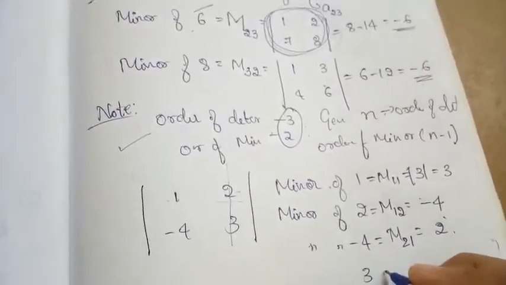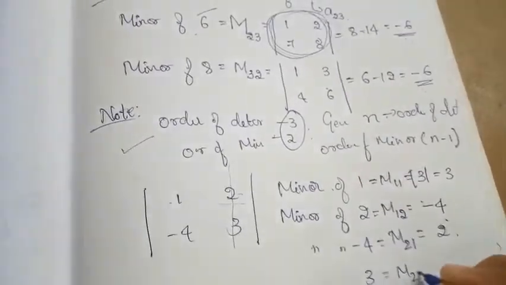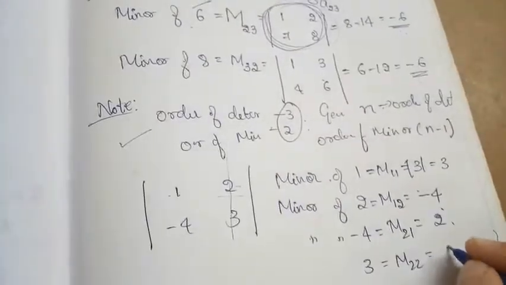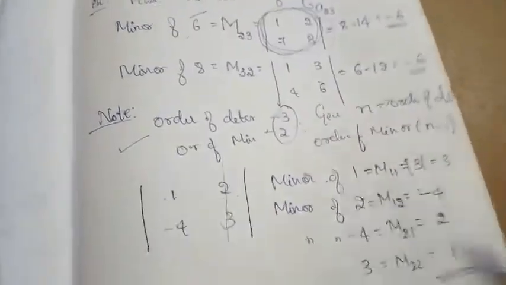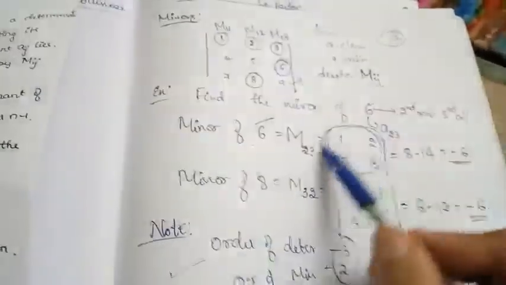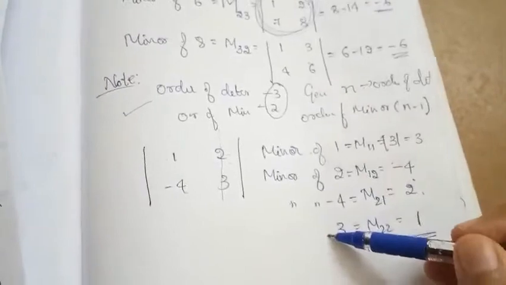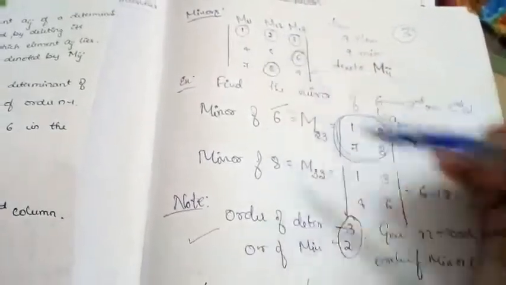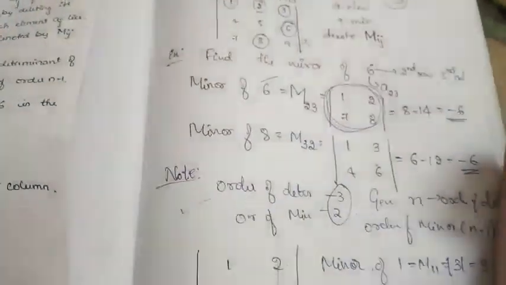Then the minor of 3 is M22; deleting its row and column, M22 is 1. This is how we find the minor of each and every element of order 2. For order 3 I have shown it for 2 elements, and for the rest of the elements you can try it by yourself.